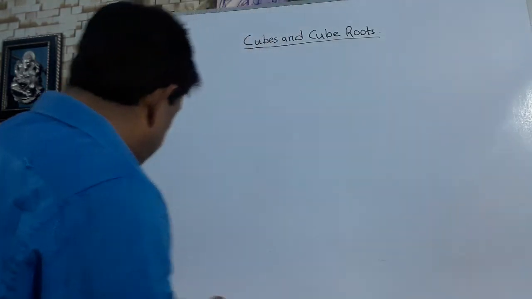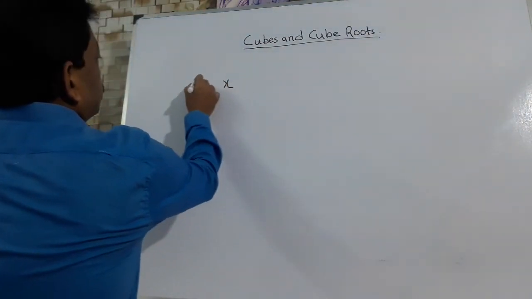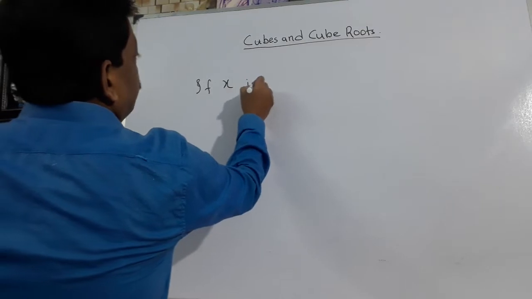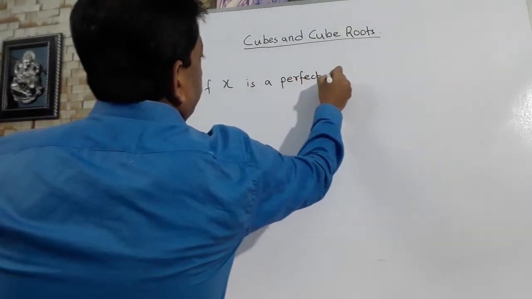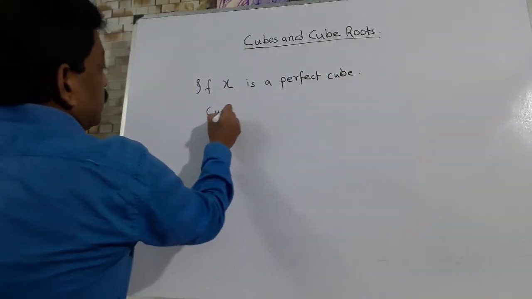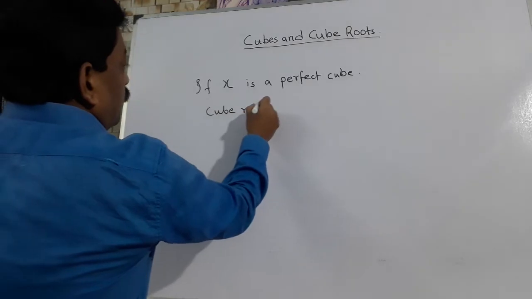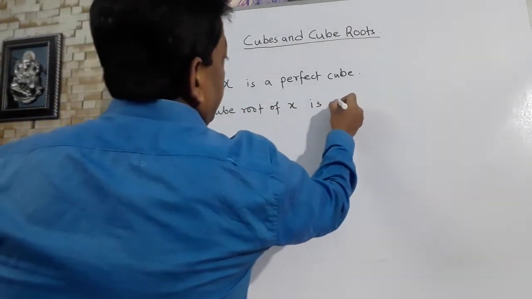If x is a perfect cube, then the cube root of x is written as follows.